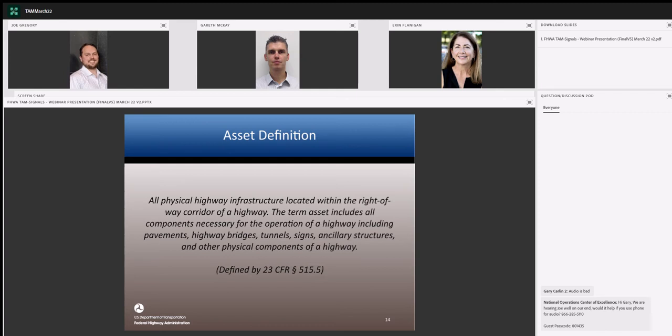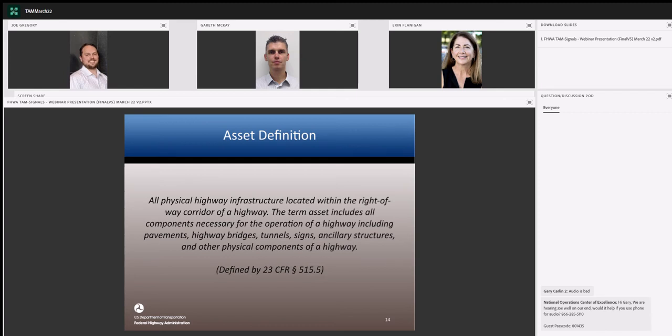We had lots of discussion on this as we went through this PRIMA development process. You will see here that the definition talks about physical infrastructure within the right-of-way. There was a lot of discussion from a traffic signal perspective that there are a lot of assets that will not sit within the right-of-way, whether that be signal timing plans, processes, connections back to the traffic operations center, the people and the processes and the systems that sit within a traffic operations center.